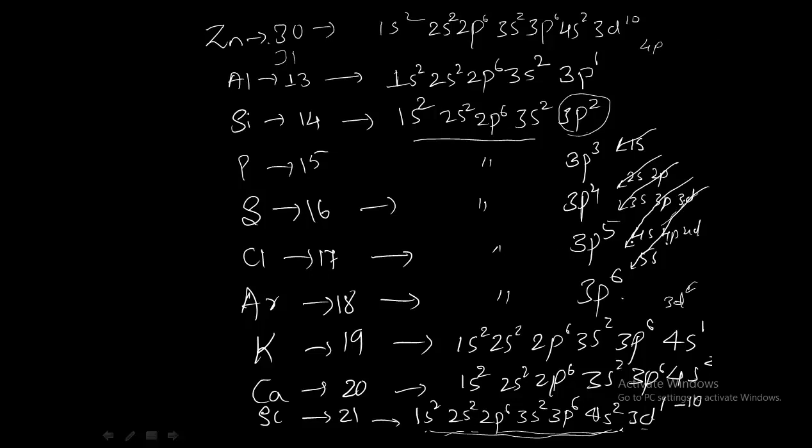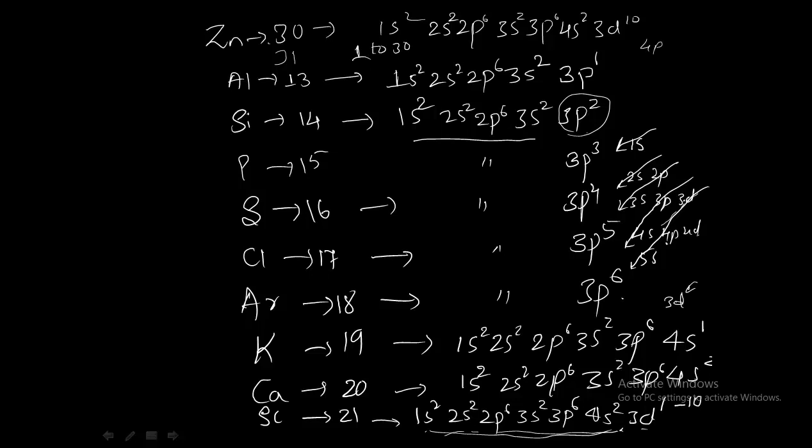Okay. So based on the above principle, we will go on filling up the electrons in the shells as well as subshells. So remember this electronic configuration. At least you should know how to fill the electrons and what the electronic configuration is for elements 1 to 30.